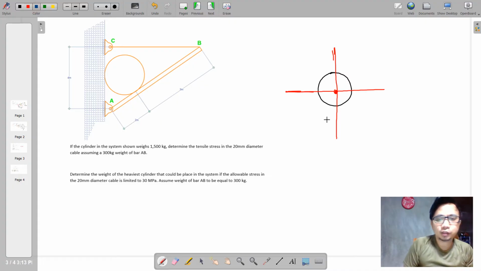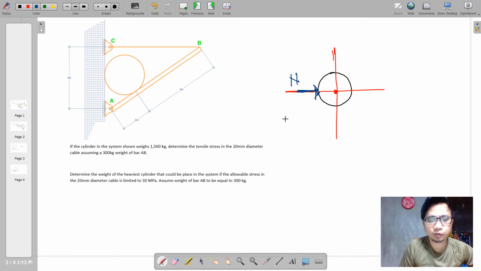So, and of course, this cylinder is actually resting on this wall, and the wall will have a reaction towards the cylinder. Okay, so I'm gonna name this as N, or a normal reaction of the wall, and then of course this cylinder is also resting on the inclined member here.